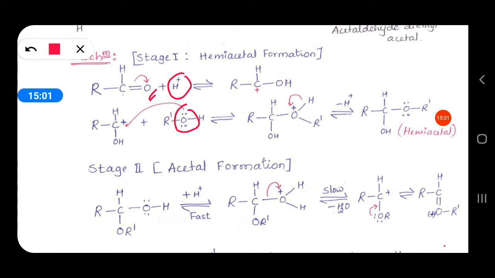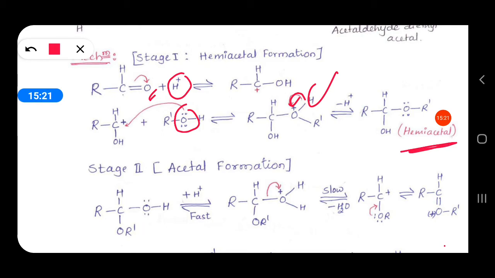For this, oxygen loses a pair of electrons, so it gets a positive charge. Now the OH bond electrons are given to oxygen and the proton, H plus, is removed, and it gives hemiacetal.